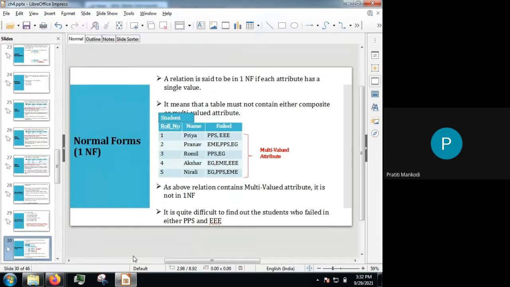So our aim now is to decompose this table in such a way that we don't have any multi-valued attribute. This is a multi-valued attribute, right? So we don't want this. If we eliminate this and our entire table retrieves only one and only one value, or if a single cell of a table is storing one and only one value at a time, it becomes my 1NF table. First normal form. Clear?